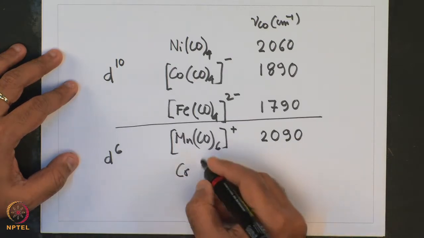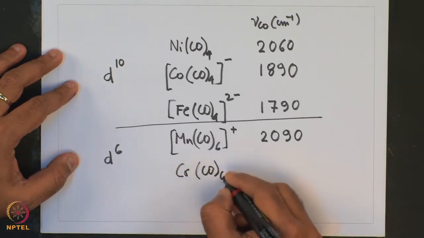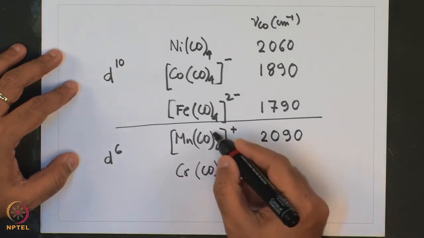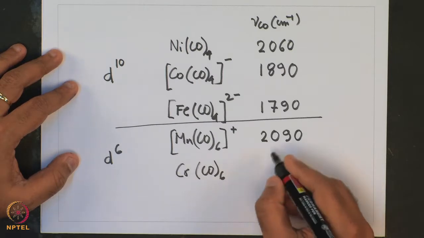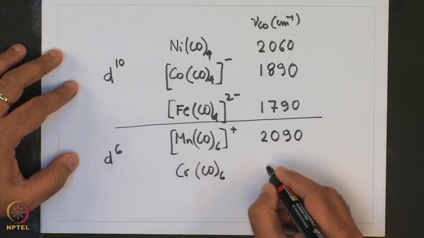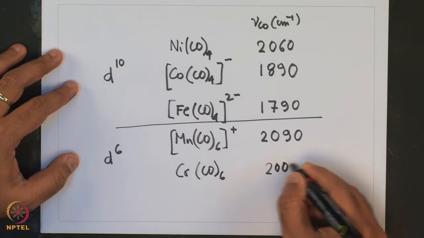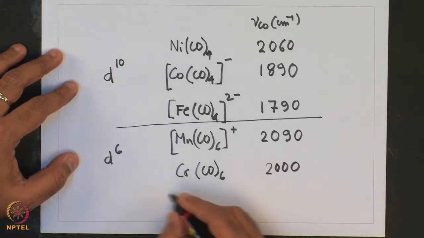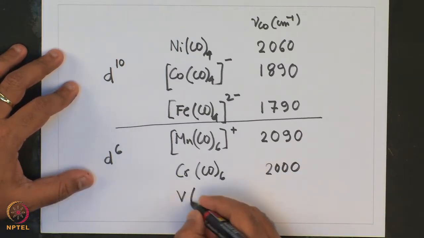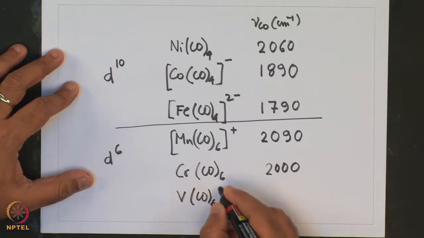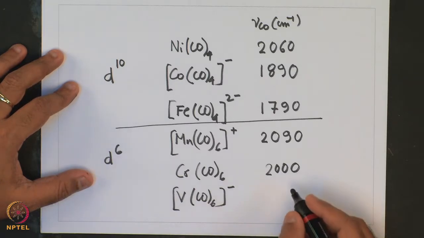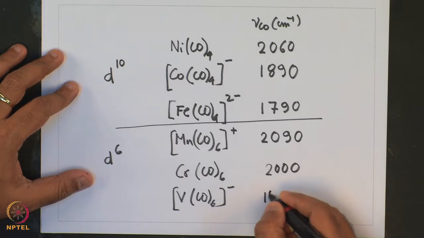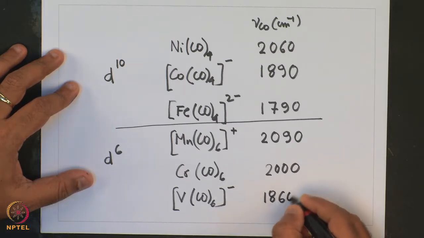Then chromium CO6, the neutral D6 compound, where relative to the manganese cationic compound a significant amount of back donation happens, and now 2090 has reduced to 2000 centimeter inverse, finally going to anionic V(CO)6 minus, where the metal is more electron rich, back donation is permitted, and this has gone even further to 1860.